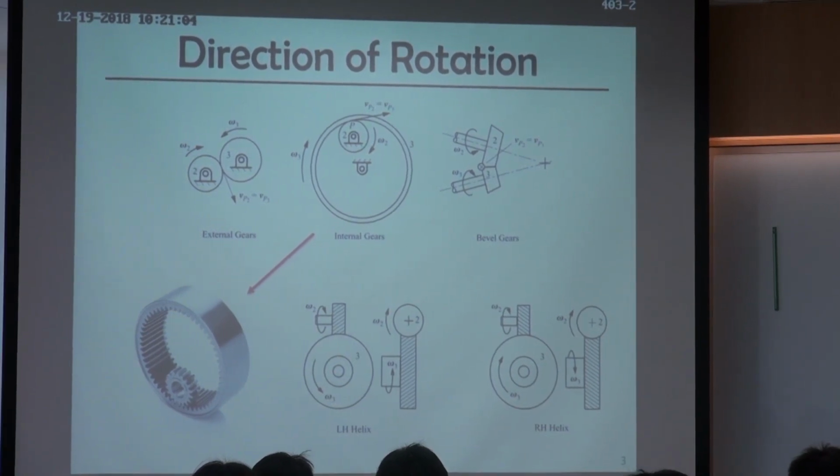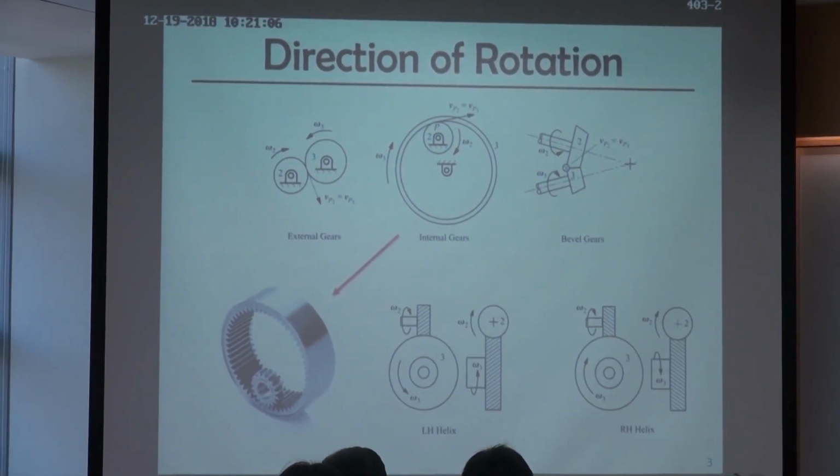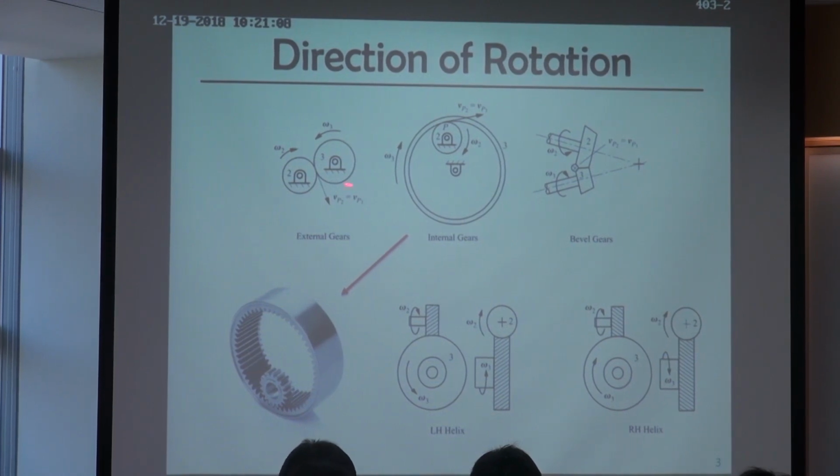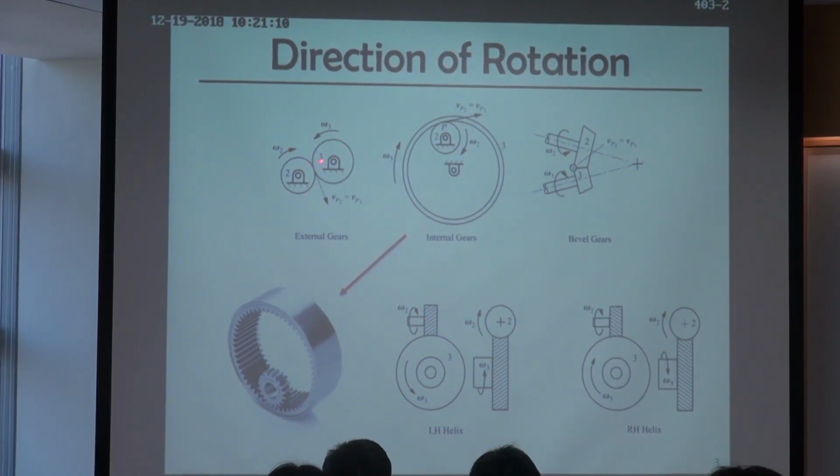the main concept for a gear is we need to make sure the contact point, because there's no slipping between these two gears, so the contact point for link 2 and link 3 must have the same speed. So here, if we say the contact point is P, then VP2 equals VP3.